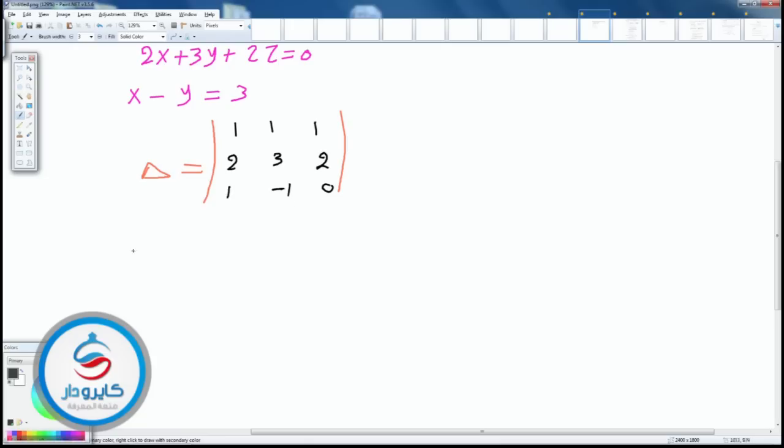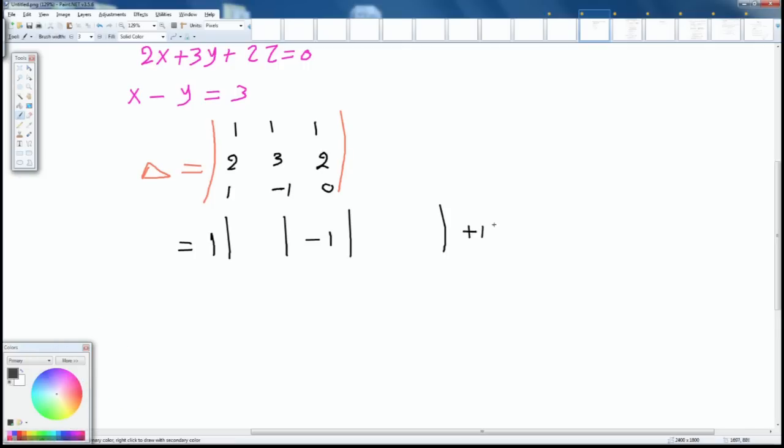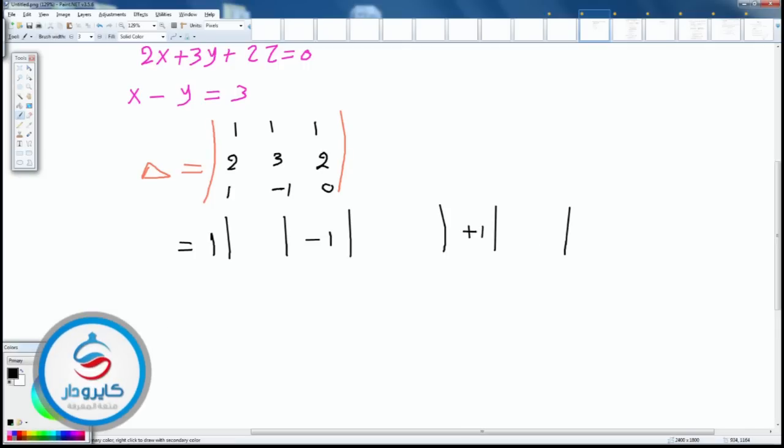Let's try to expand this determinant. We will do the first one and the other will be the same. We will take the first row 1 and the cofactor, minus 1 and the other cofactor, positive 1 and the third cofactor. First 1, it will be 3, 2, negative 1, 0, 1, 2, 2, 1 and 0.